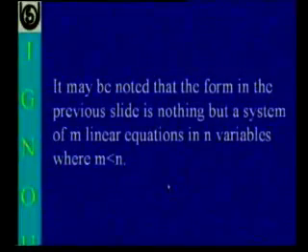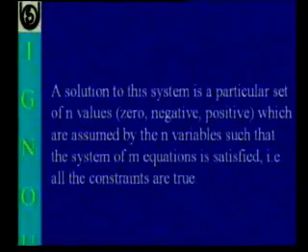Now it should be noted that the form in the previous slide is nothing but a system of m linear equations in n variables, where m is less than n. A solution to this system is a particular set of n values, zero, negative or positive, assumed by the n variables such that the system of m equations is satisfied, that is, all the constraints are true.